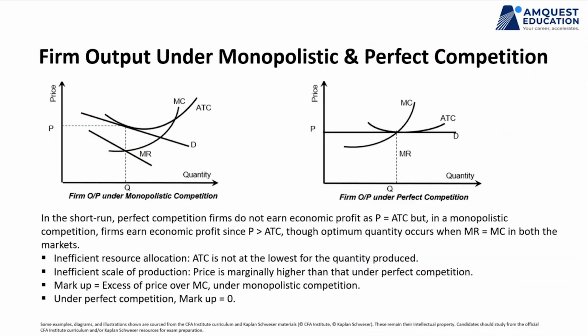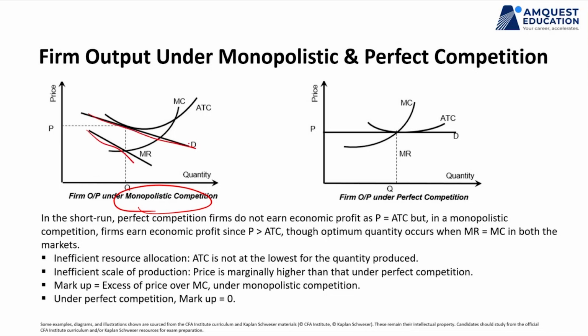So we've discussed perfect competition. We discussed monopolistic competition. Okay, pricing, demand, and so on. If you look at this in terms of output, now this is a summary. We already discussed it. In the monopolistic, what I explained to you, the demand curve, MR curve looks like this, with MC and ATC.